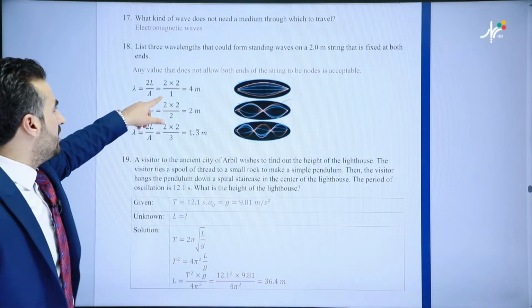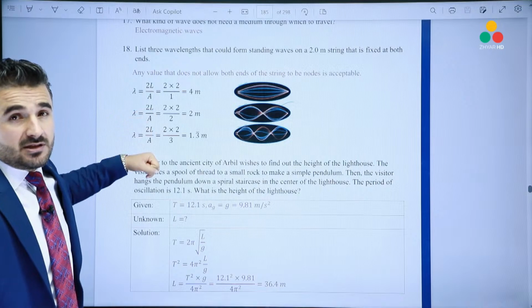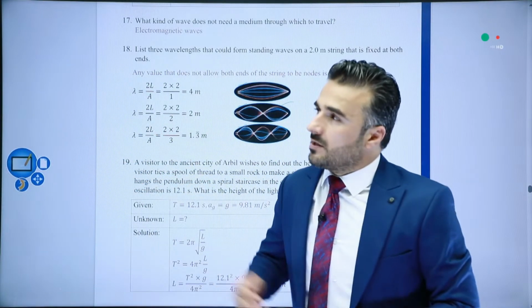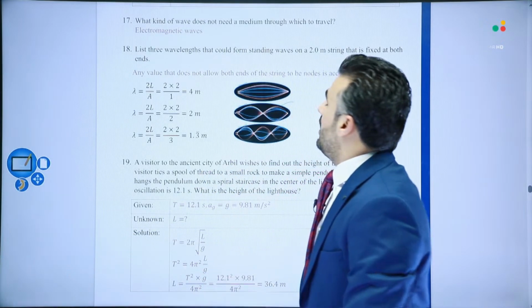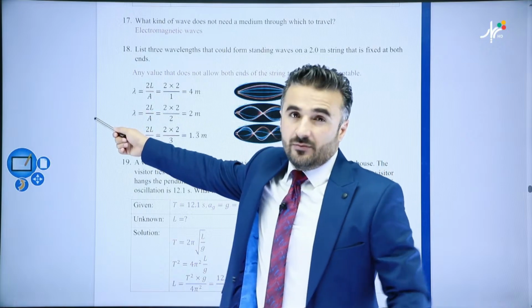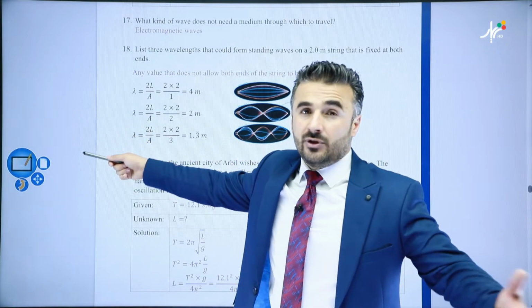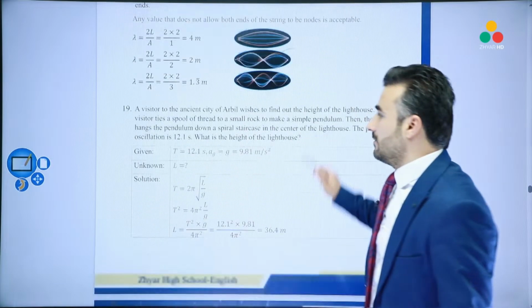The length is 2, so here's the equation: 2 times the length divided by the number of antinodes. We can go with 1 antinode, 2 antinodes, and 3 antinodes, and so on. And then of course the answers you get are going to be the wavelengths that are able to create standing waves on a string that is 2 meter long.